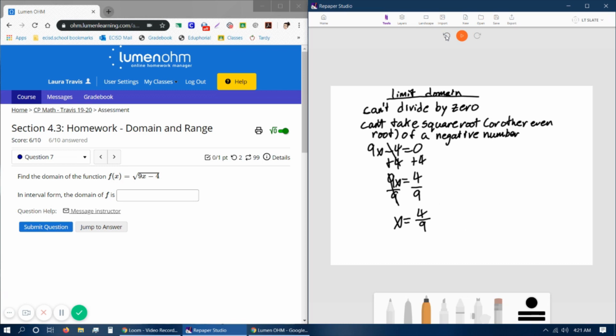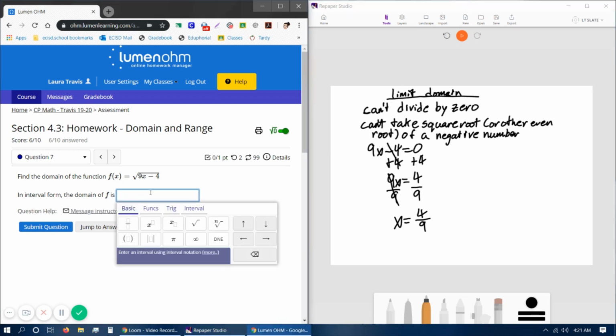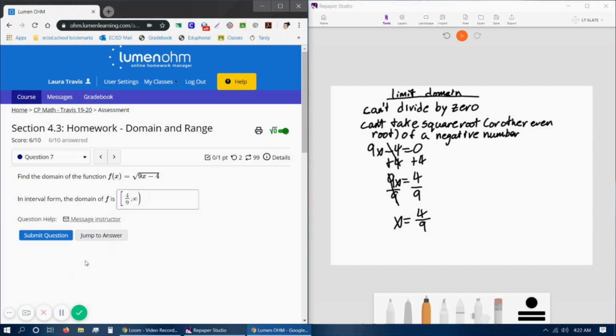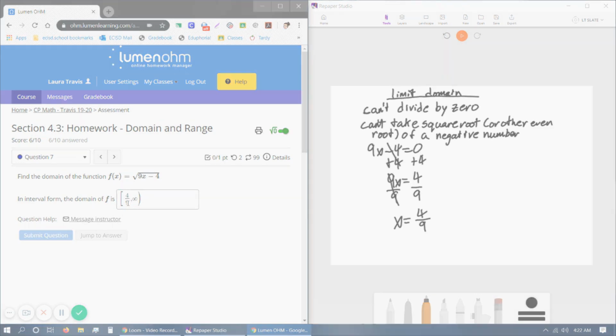My question wants the answer in interval form, so I can write that as bracket 4 divided by 9, comma, infinity, close parentheses. Notice that I used a bracket next to 4/9 because in this function, x can equal 4/9.